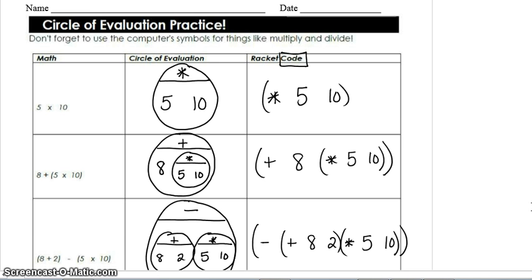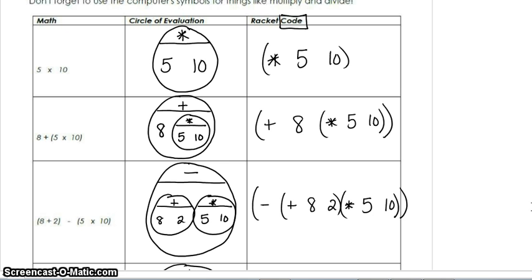So at this point, you have pressed play again to check your answers. Go ahead and take a look at these first 3 circles of evaluation and code, and check to make sure that your answers are exactly like mine. You may want to pause the video now to give yourself enough time to check, being careful to check for details, parentheses, symbols in the right spot, that kind of thing.